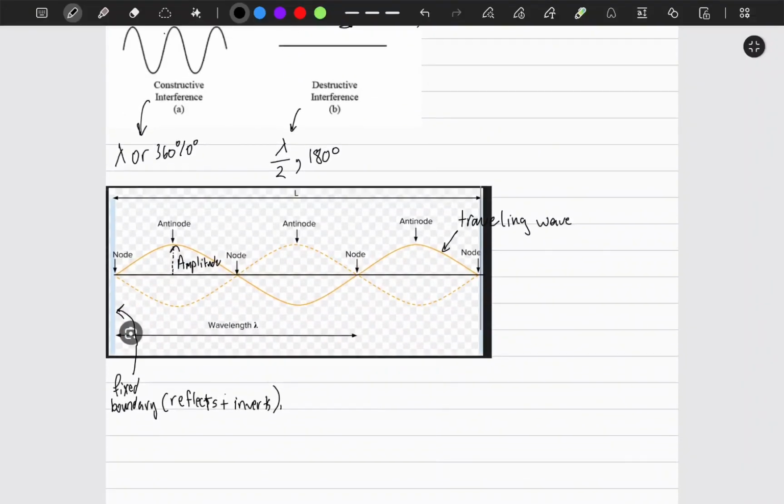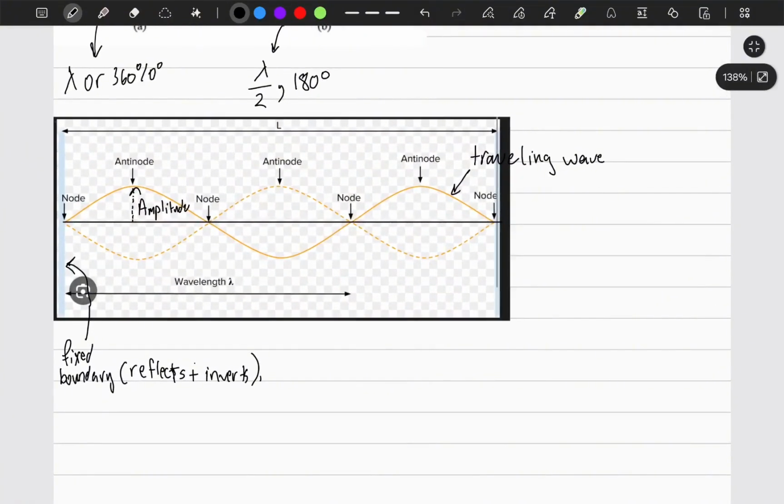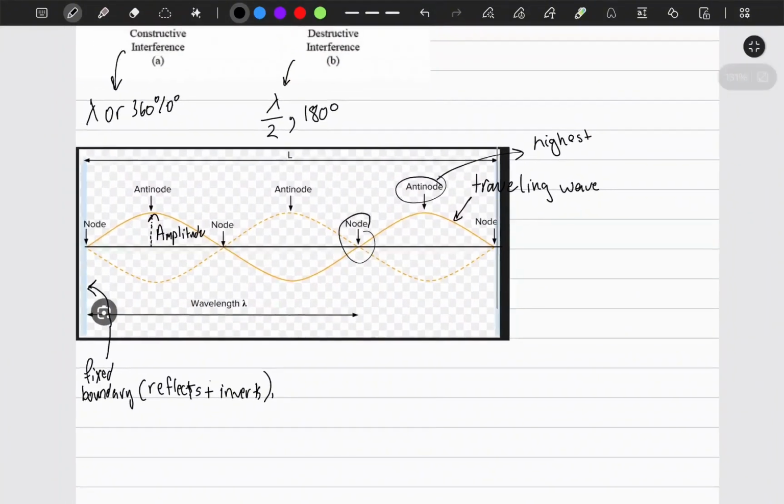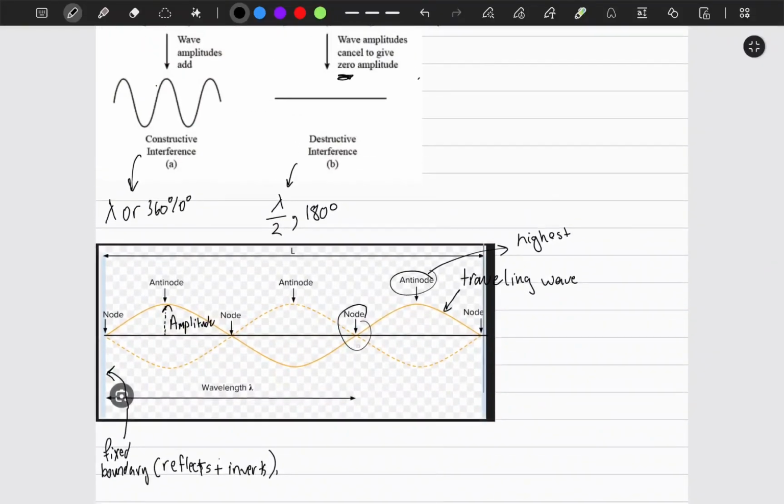The last thing we're going to be talking about is a traveling wave, and this is a wave that's moving. It has a few new definitions. What you need to know is something called the node and the antinode. Antinode is like the highest peak point, and that means that it is at the amplitude. Node is the point in the equilibrium position.